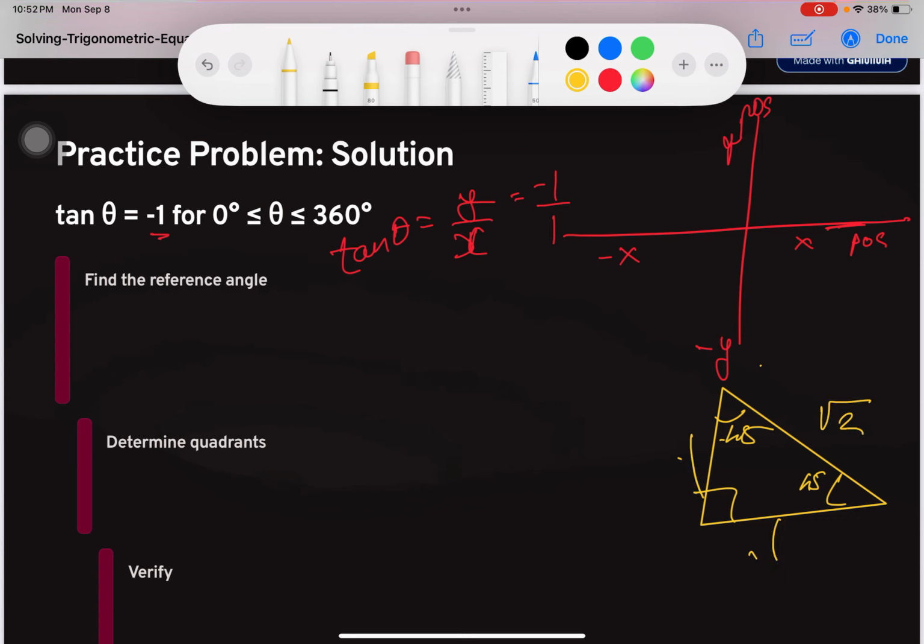So the reference angle becomes the tan inverse of 1, which is 45.